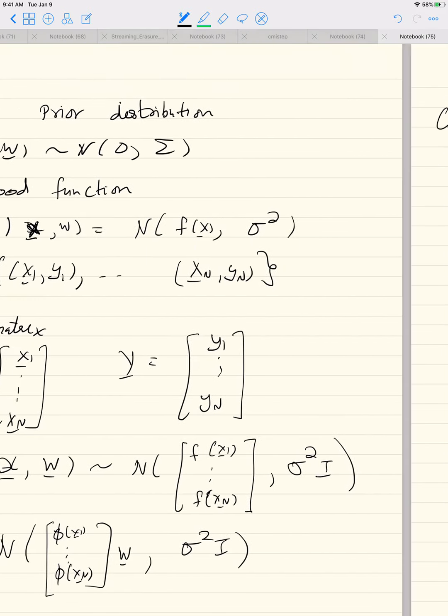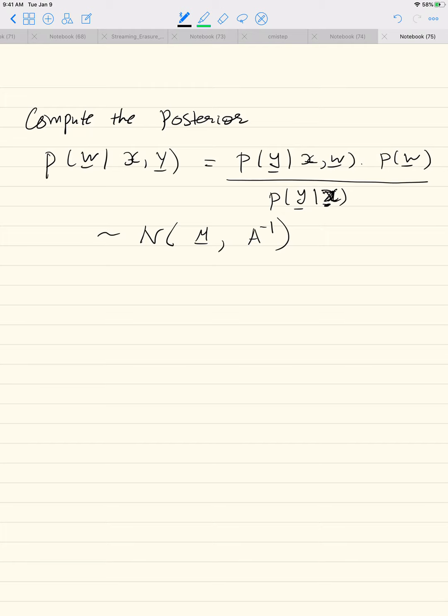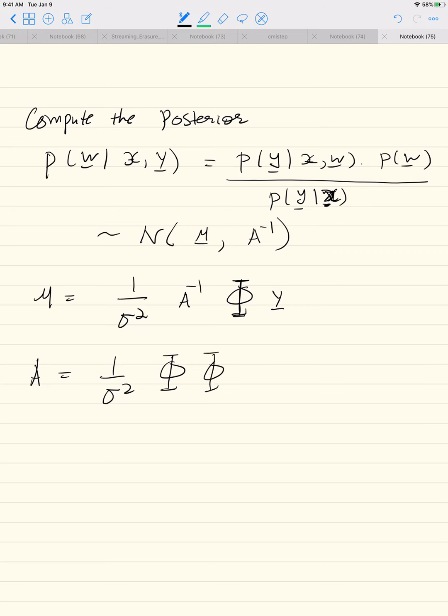So because things are all multivariate Gaussian, you can plug things in, and what you can show after a bit of algebra is that mu is 1 by sigma square A inverse times some matrix phi times y, and A, the matrix A is 1 by sigma square times the matrix phi transpose phi plus sigma inverse.